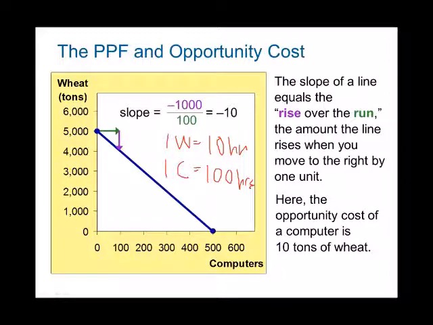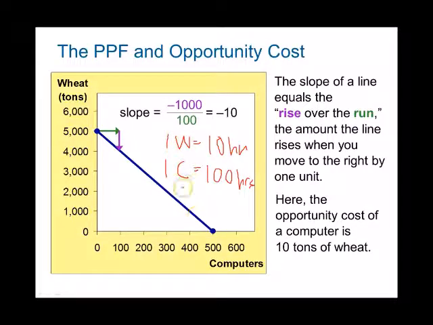If I gave up the production of 1 computer, so I'm producing 1 less computer, I free up 100 hours. So if I'm freeing up 100 hours, in that 100 hours, how much wheat can I produce? Since 1 ton of wheat requires 10 hours, in 100 hours, I can produce 10 tons of wheat.